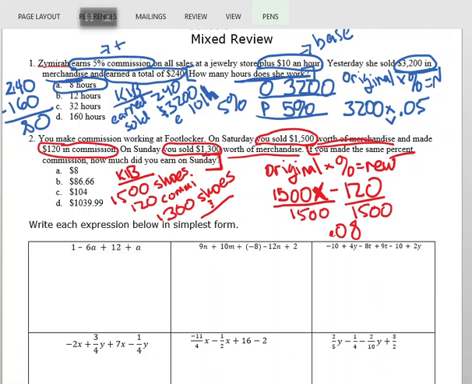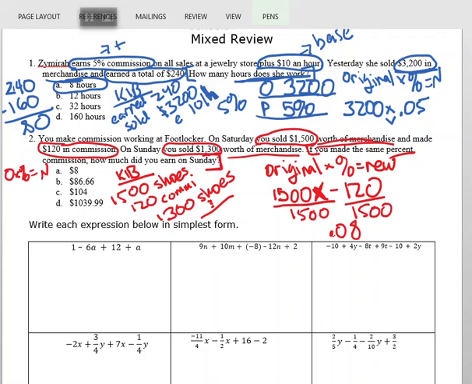What I have to do now is find 8% of that $1,300 to see how much was made. Okay, and so I'm going to go over here, original times percent equals new.